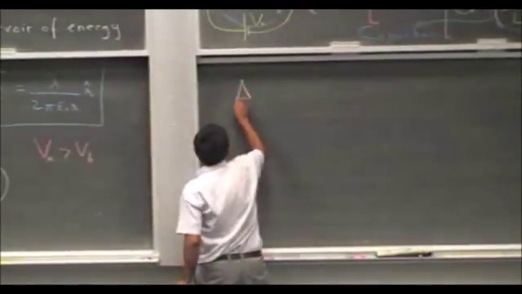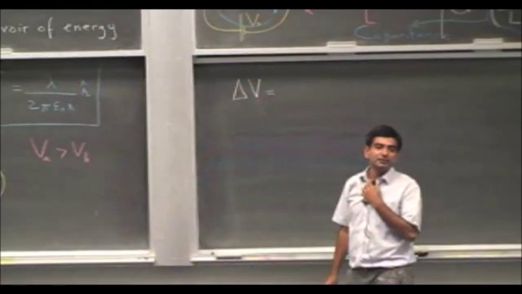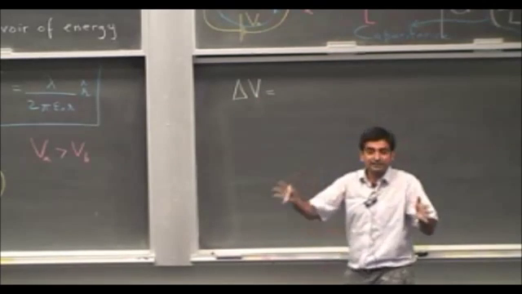Delta V, the absolute value, equals, now what's lambda? Charge per unit length.